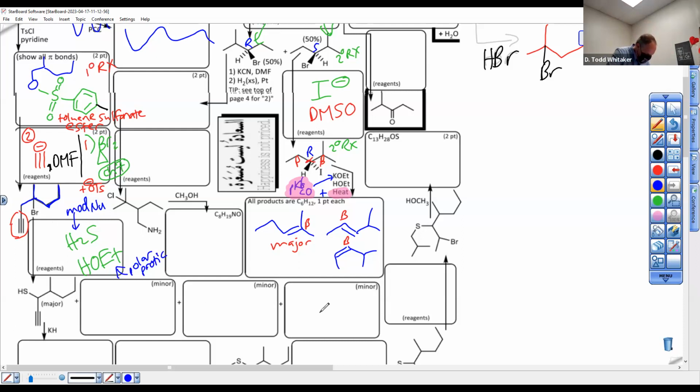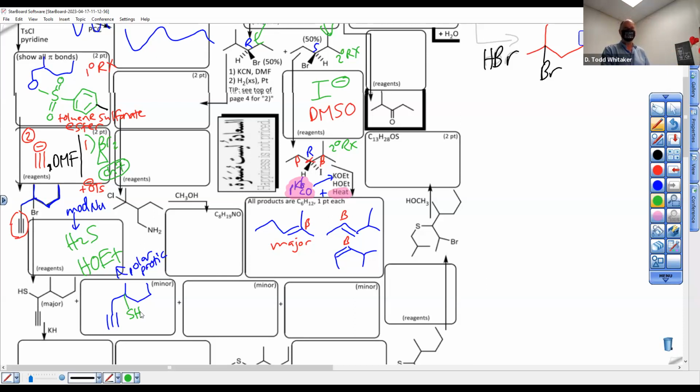There's more products here. Oh, how about this product? You tell me how this product arose. That's the SN1 without rearrangement. Minor. Oh, it says minor. What can I do for the other two minor products? Every time you have an SN1 reaction, there's also a minor E1 reaction.